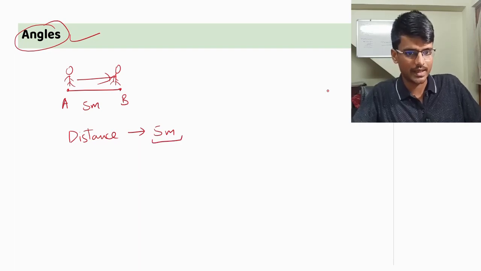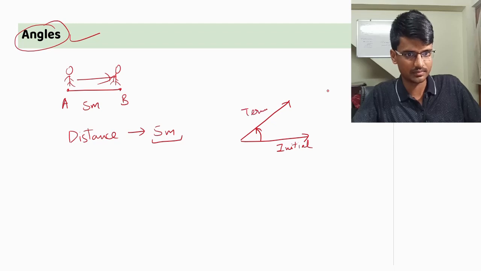Say I have this line. If this line rotates in this direction, in anti-clockwise direction, this is the initial side and this is my terminal side. It started from here and this is the final position. So a line is rotated.